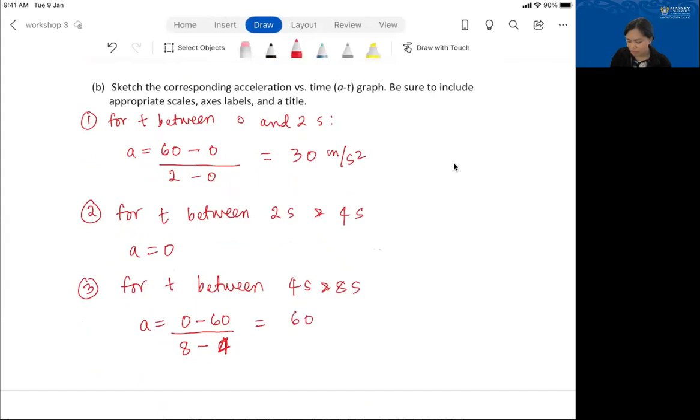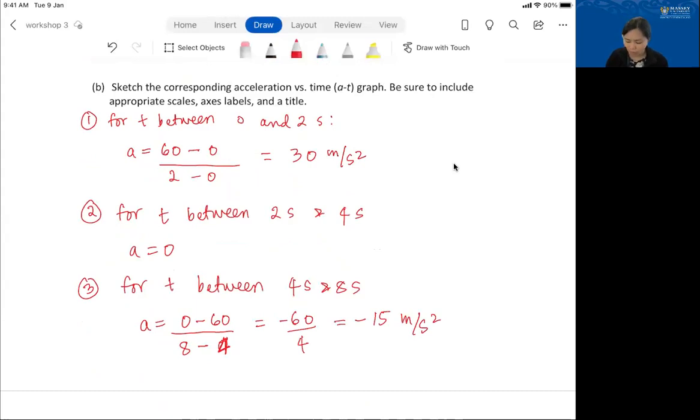So that's negative 60 divided by 4, which will give you negative 15 meters per second squared. All right. Does that look okay?